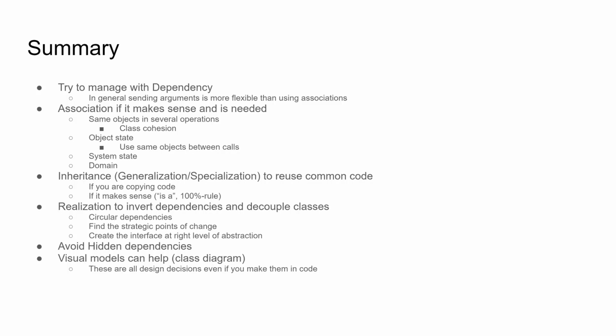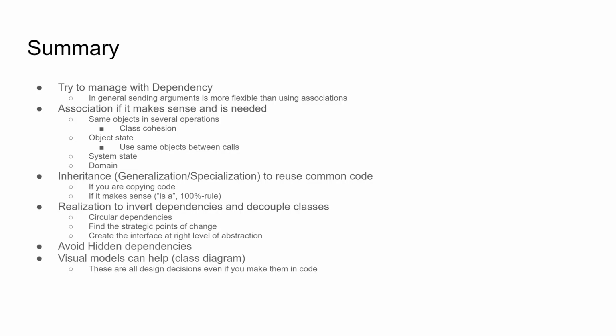you can opt for association, but you should also think about this class cohesion stuff. If you want to keep the object states and use the same object between calls, then it makes sense also to use association.